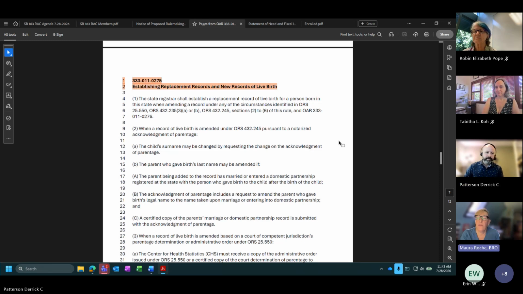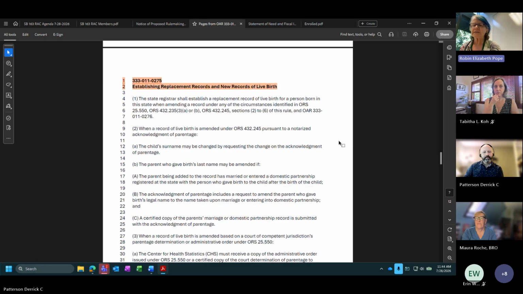So Robin, can you say more about what your concern is there? Oh, I believe we still have a legal animal called a registered domestic partnership in Oregon, right? We do. Unfortunately, yes. Okay. And Tabitha probably can weigh in on this better than I, but a domestic partnership could just be two people living in the same household together and not be registered legally as a domestic partnership.